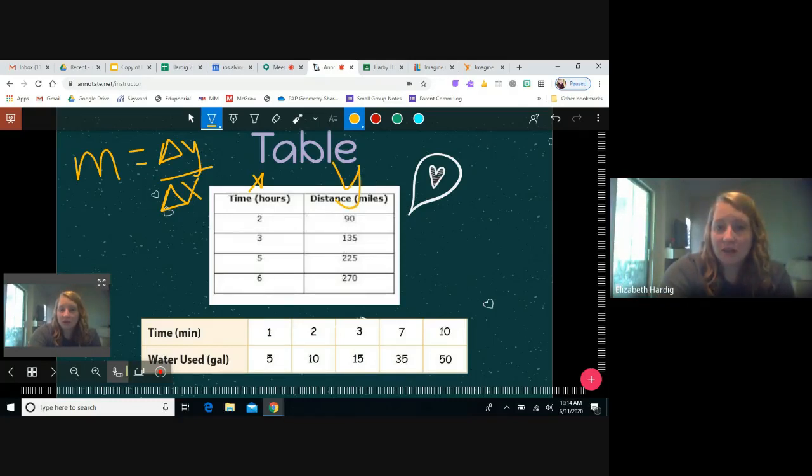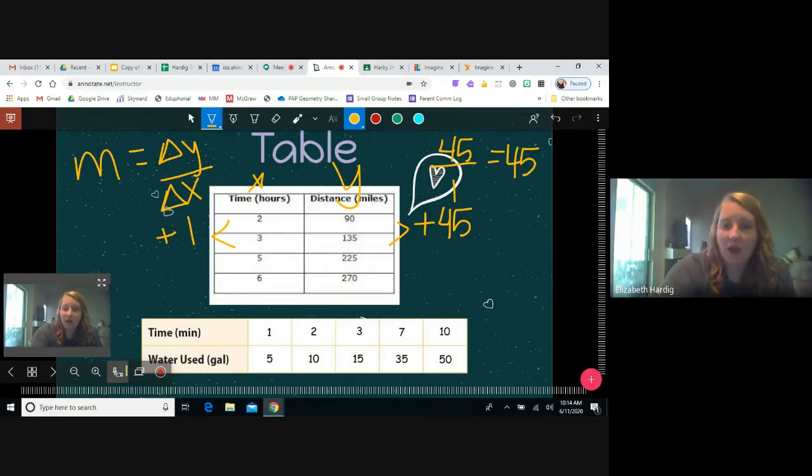So from 90 to 135, I increased by 45. On the other side of the table, from 2 to 3, I increased by 1. So I can put 45 over 1 to get my rate of change of 45.